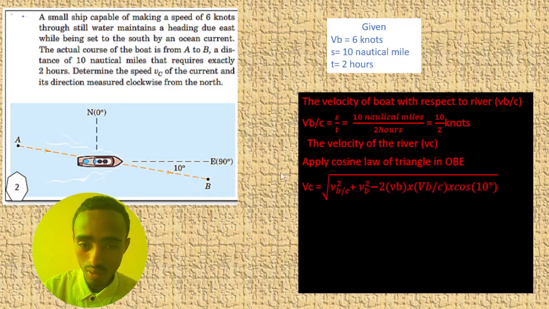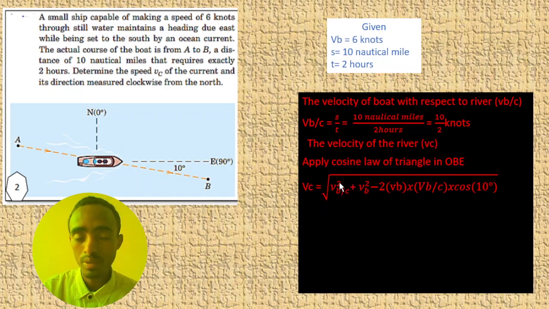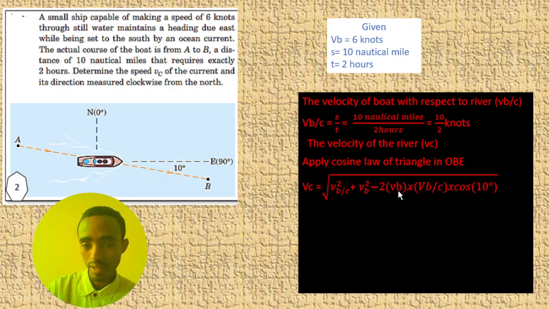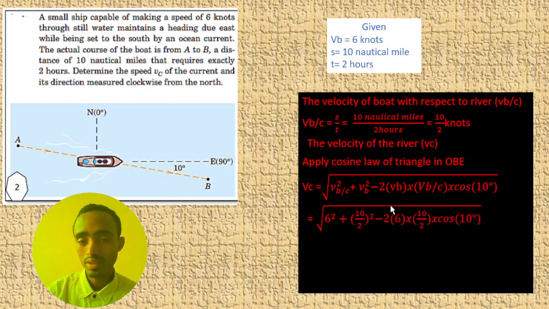BC is equal to the square root of VB squared plus VB with respect to C squared minus 2 times VB times VB with respect to C times cosine of the angle, which is 10 degrees. Then we substitute the values: 6 squared plus 10 over 2 squared, which is 5 squared, minus 2 times 6 times 10 over 2, which is 5, times cos 10 degrees.